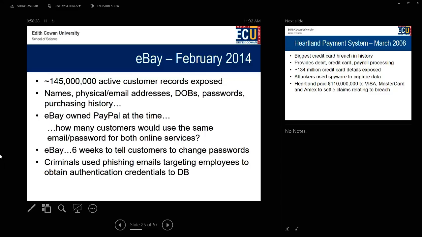So all those details were compromised, because everything there was being saved in their database. So in 2014, when eBay was compromised, not only your basic information, but your credit card details and CVV numbers, everything was compromised in that attack.